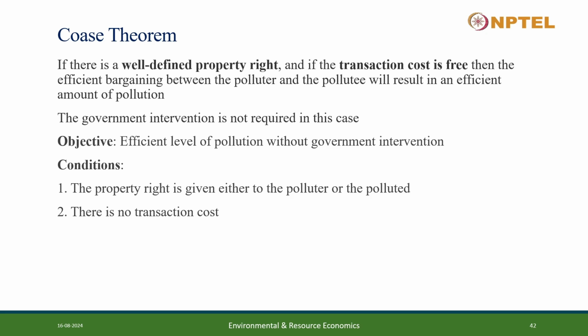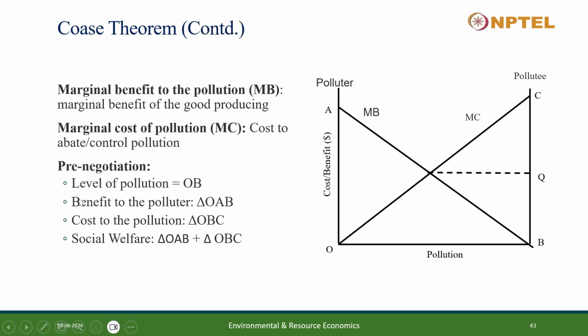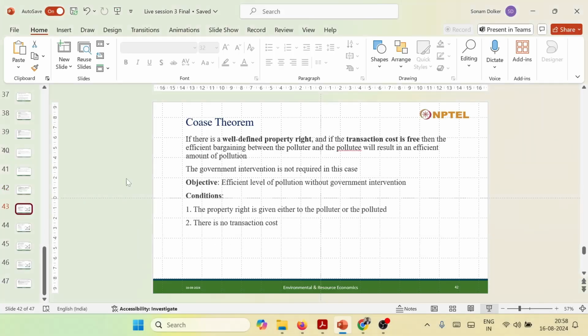So the objective of Coase theorem is an efficient level of pollution without government intervention. What he's saying is that there is no need of government intervention. However, there is need of well-defined property right. So that is the Coase theorem.